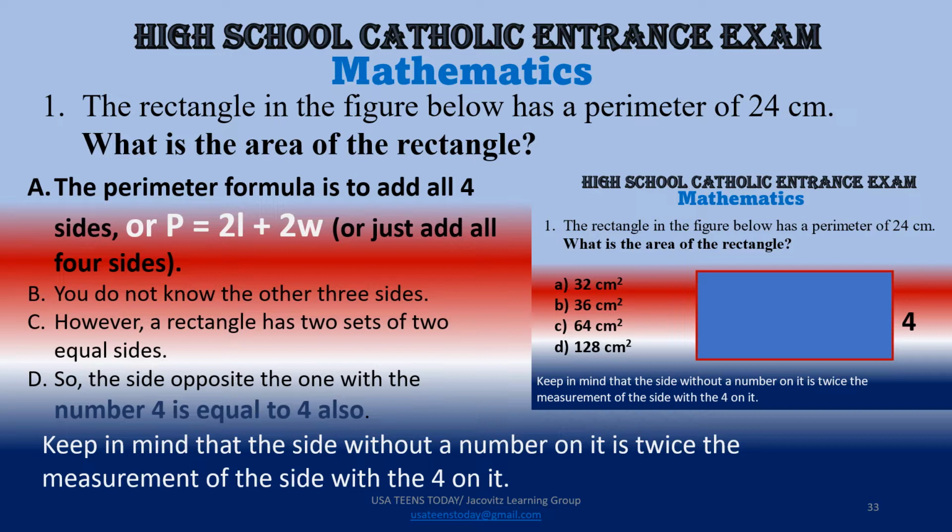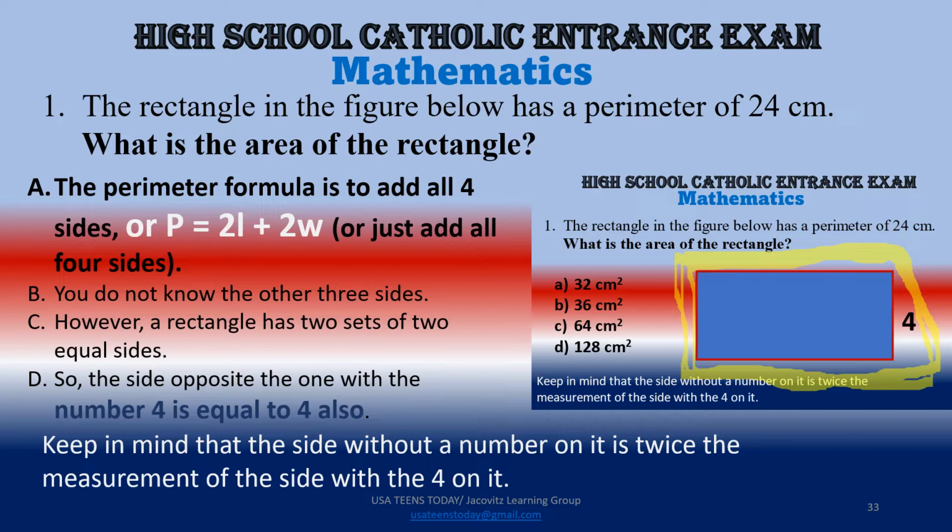Just make sure you know that perimeter means to measure all of the area you see around, the whole entire rectangle. Whatever goes around is going around the entire rectangle.